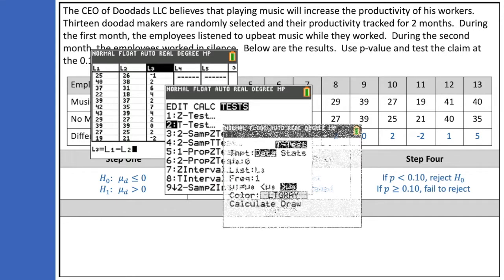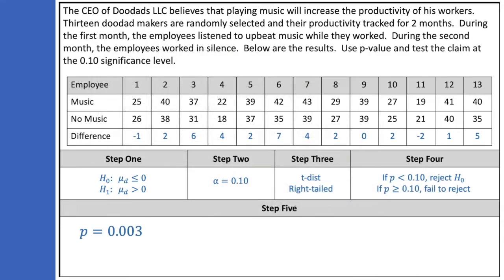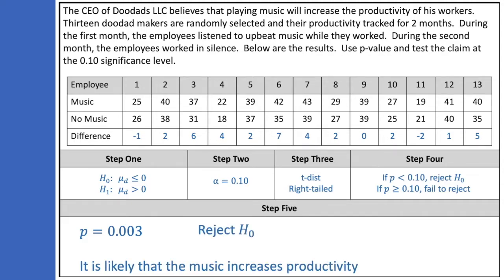We're using a t-test, and under data, we're comparing it to 0, again using list 3, but this time a right-tailed test. Hit calculate and find your p-value. In this case, our p-value is about 0.003, which is less than 0.10, so we'll reject the null, which means it is likely that music increases productivity.